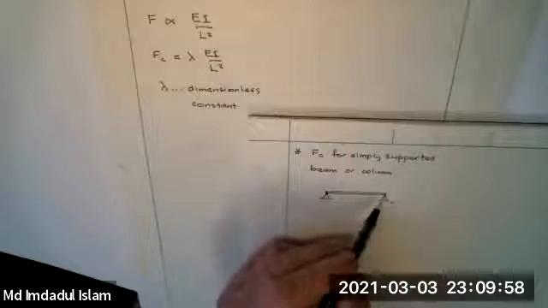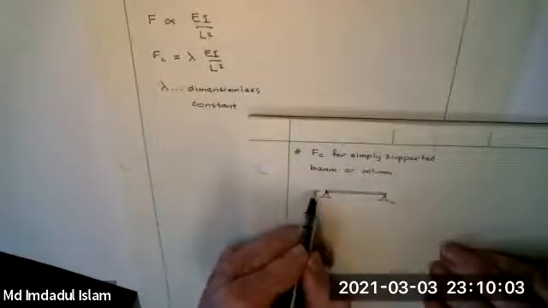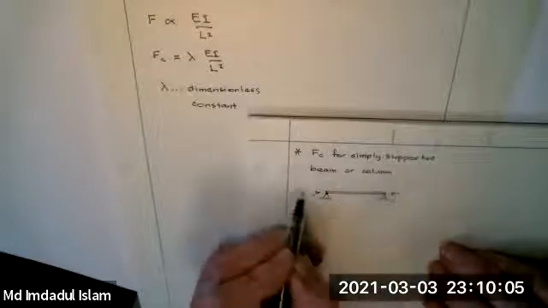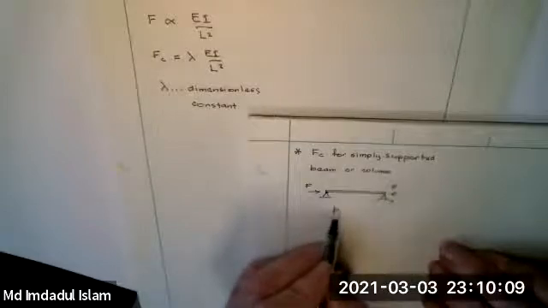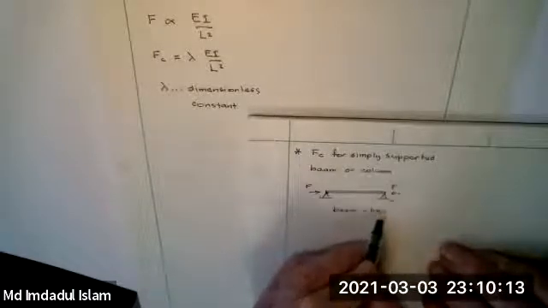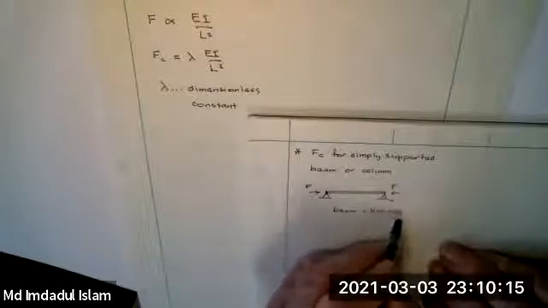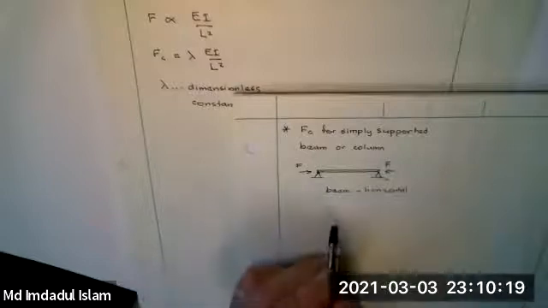It doesn't mean you have the pins, but in effect, the thing is free to rotate at the ends. And this is a beam. It's horizontal. If we make the configuration vertical, we have a column.